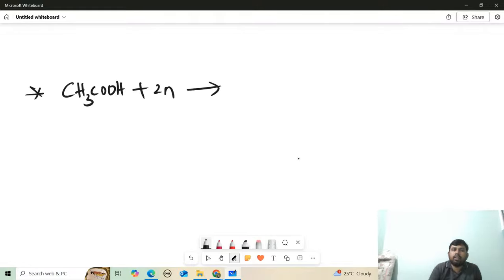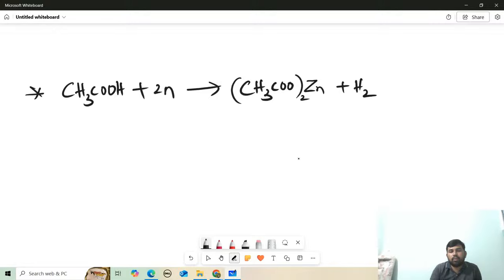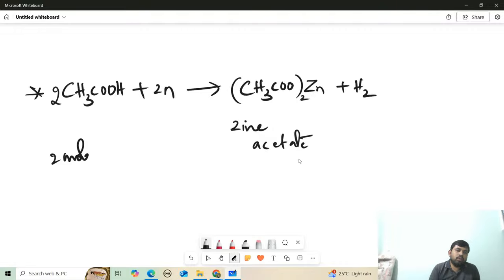So what happens here? (CH3COO)2Zn will form, plus hydrogen gas will be produced. This compound name is zinc acetate. What about this amount of hydrogen gas? We record here 2 moles, here also 2 moles are required. So we can say 2 moles of acetic acid will produce how many moles? 1 mole of H2.